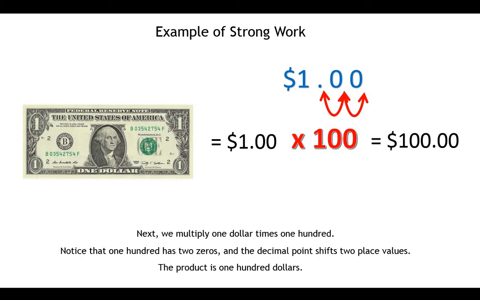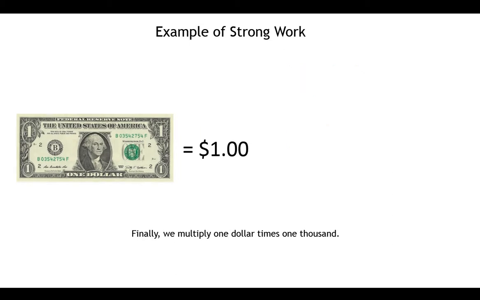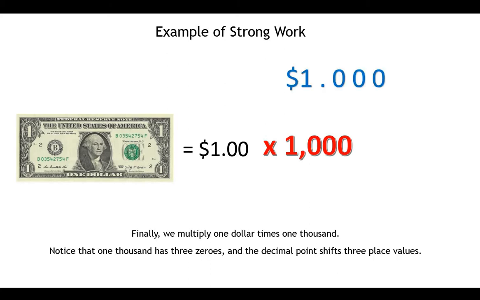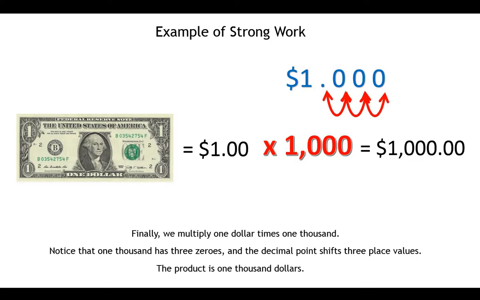The product is $100. Finally, we multiply $1 times 1000. Notice that 1000 has 3 zeros, and the decimal point shifts 3 place values. The product is $1,000.